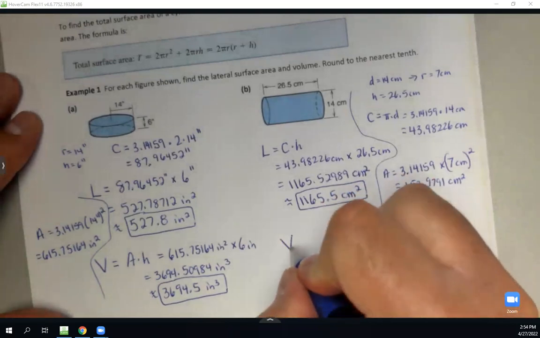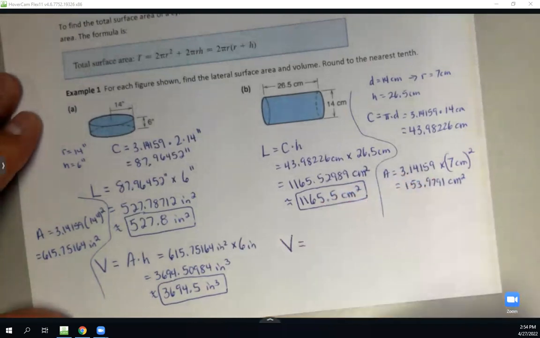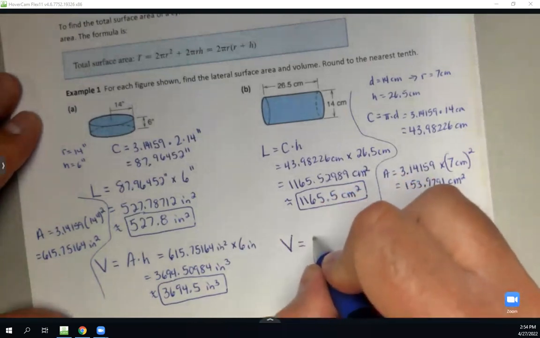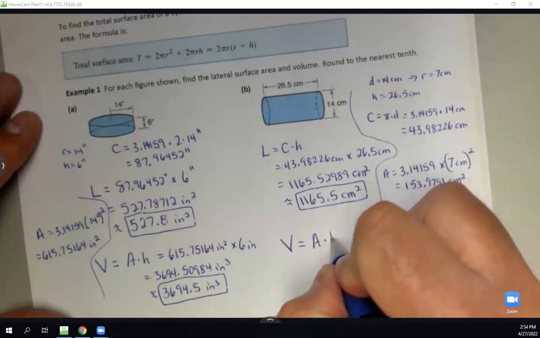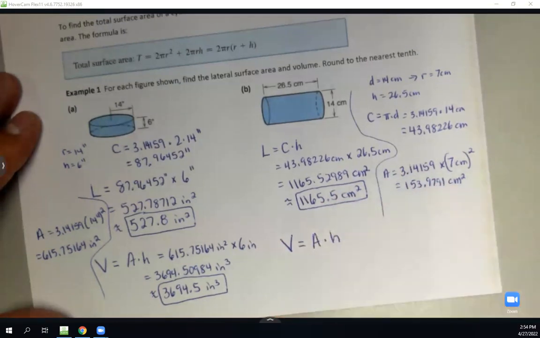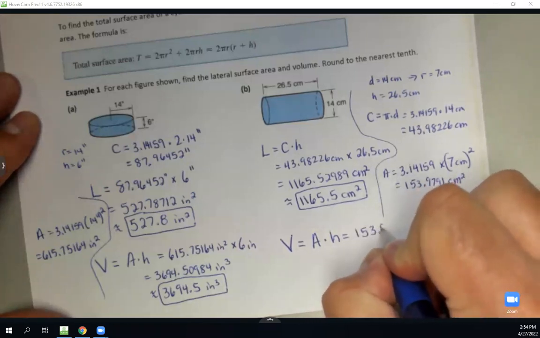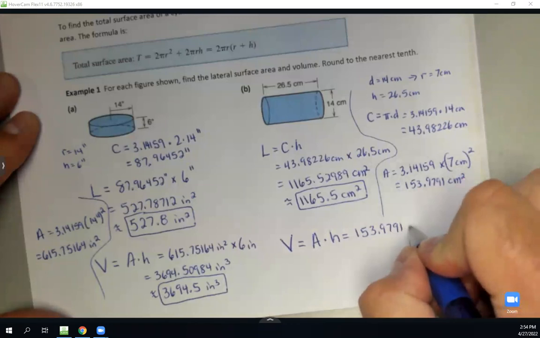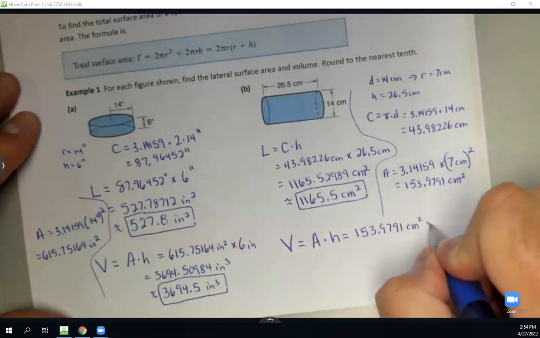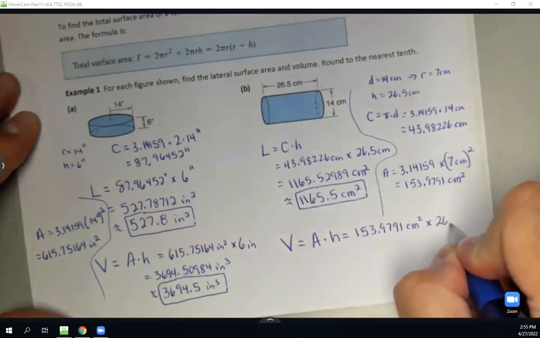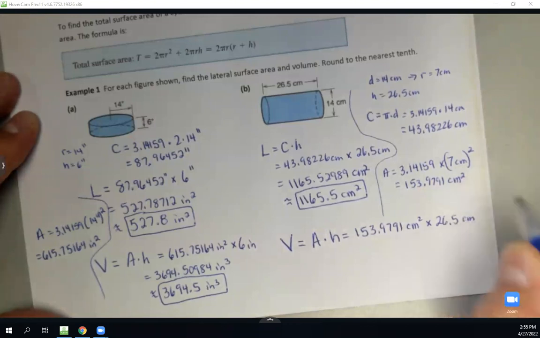So the volume of this cylinder is going to be, again, the area of the base times the height. So that's going to equal the 153.9791 square centimeters times the 26.5 centimeters.